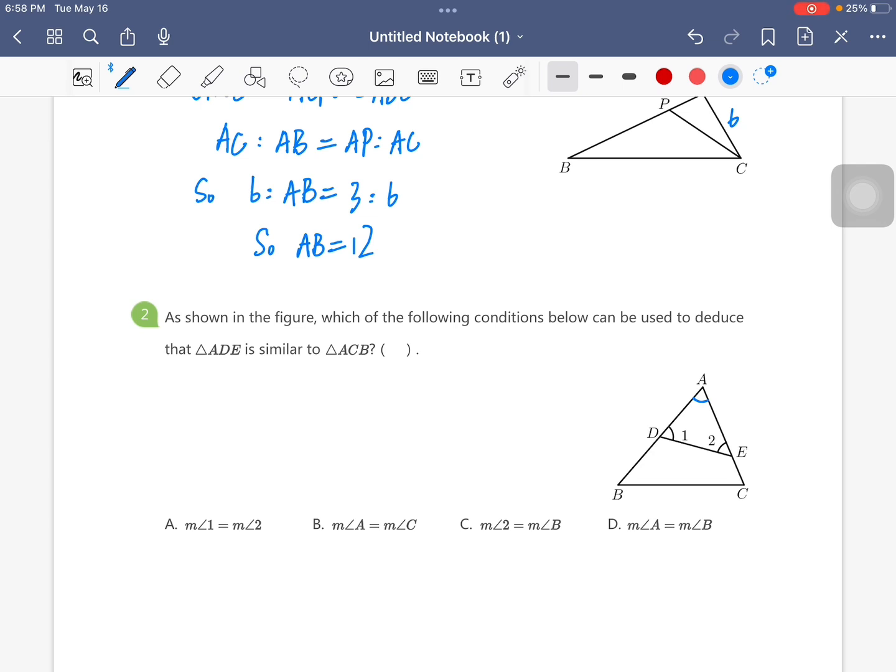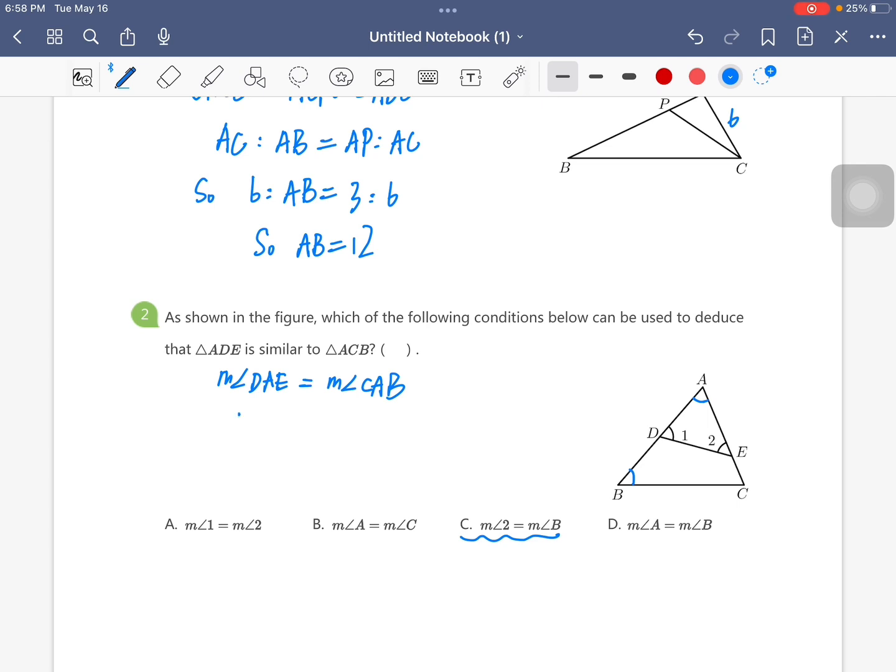If we have angle 2 equals angle B, then we therefore have angle DAE equals angle CAB.